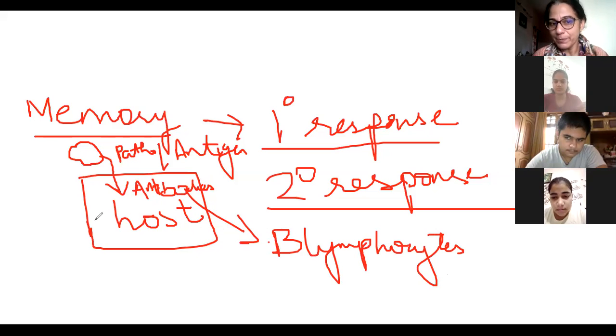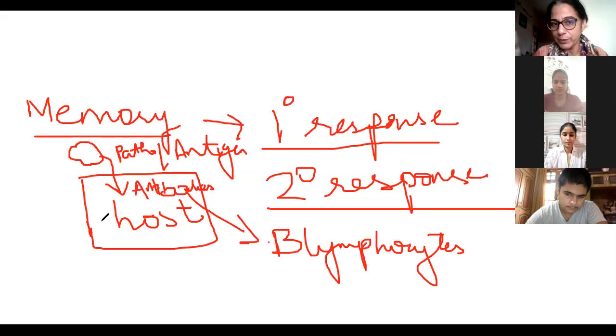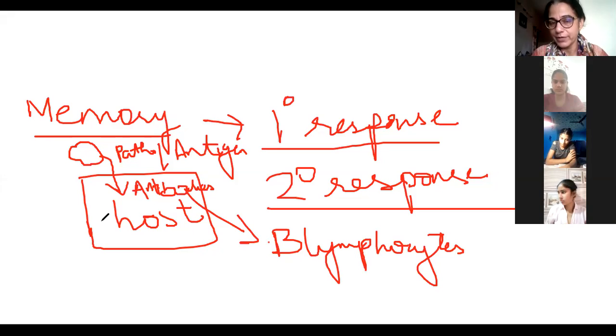But in our plasma cells, there are memory cells, which always remember that such kind of antibodies were produced in response to X type of antigen. X, I'm taking just a general letter, right?